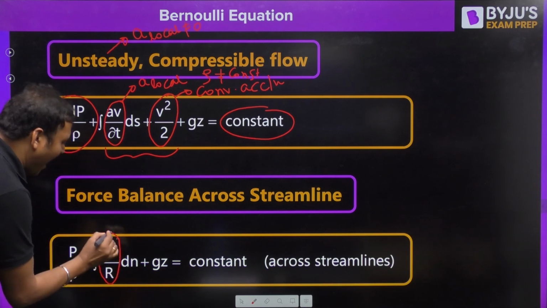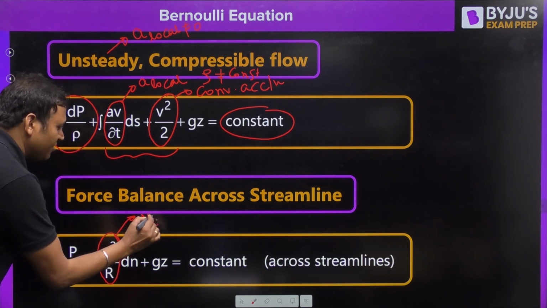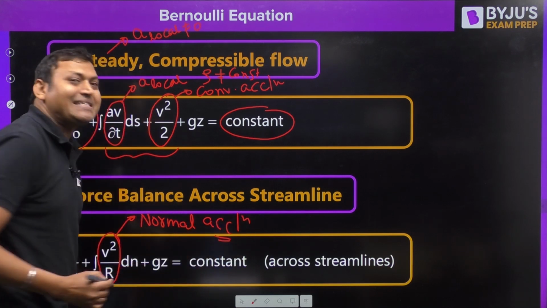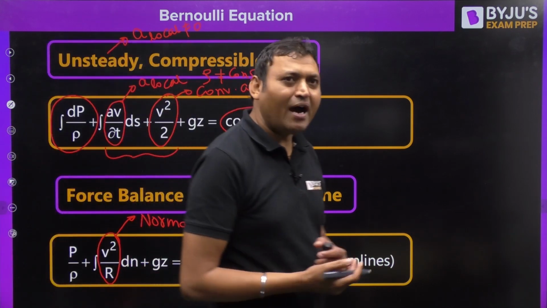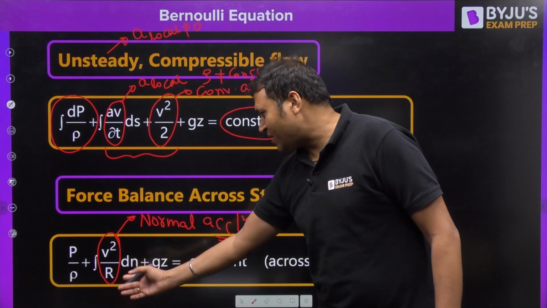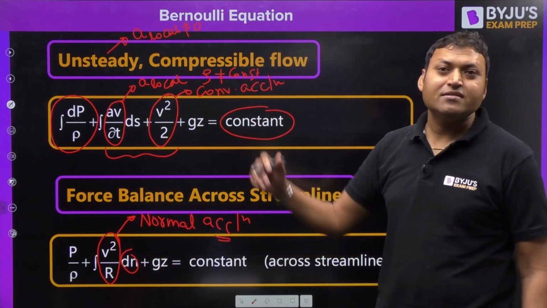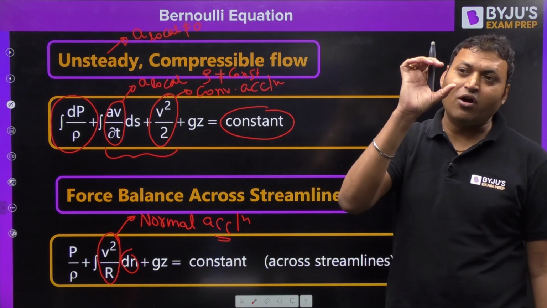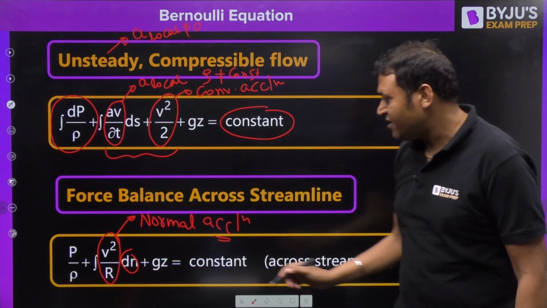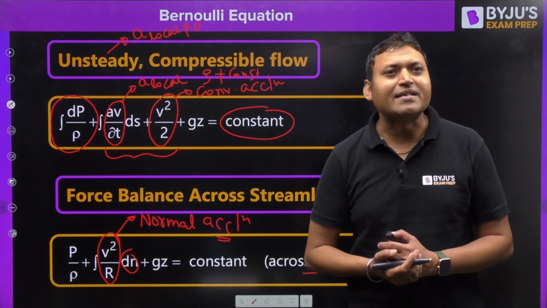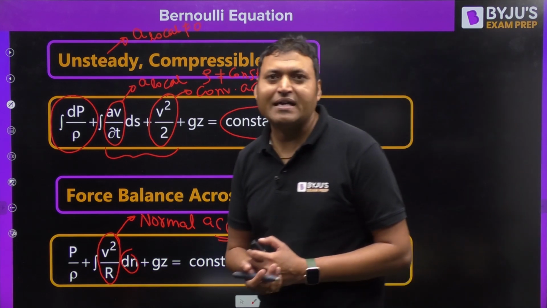V square by R is called the normal acceleration. That is also known as centripetal acceleration, v square by r. So P by rho plus the integration of v square by r into dn, where dn is the element or the distance in the normal direction, plus gz is equal to constant. This is our Newton's second law applied across the streamline.